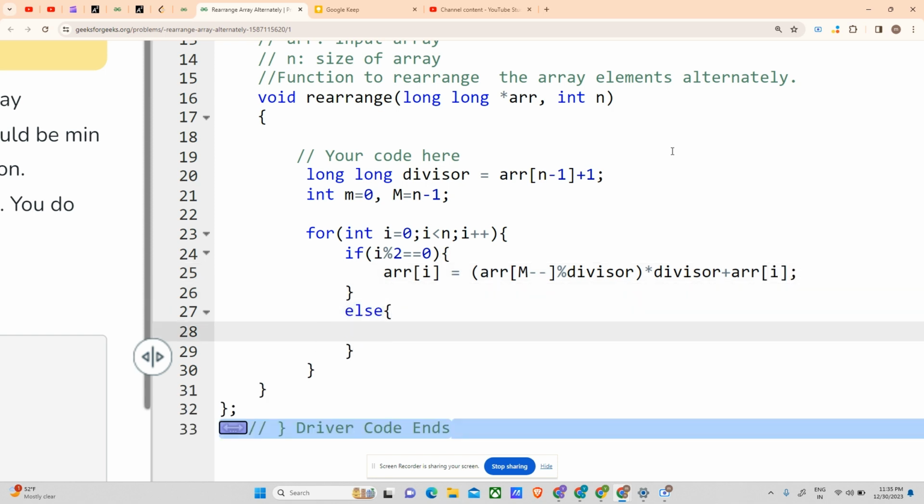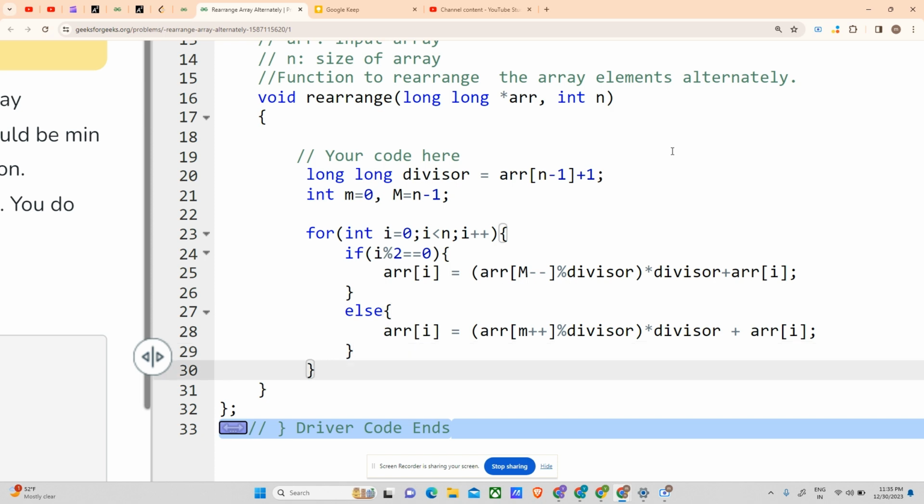Else for even values, ARR of I equals to ARR of small m plus plus percentile divisor into divisor plus ARR of I. Okay.